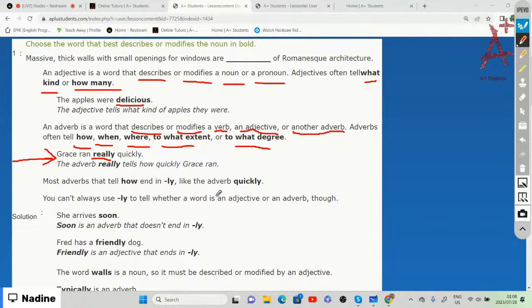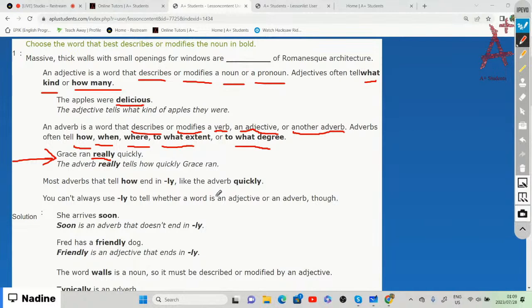Of course, not all adverbs, but most of the adverbs that tell us how end in ly, like the adverb quickly. Quickly ends in ly, and it's like you asking yourself how. He quickly ran to the shop.